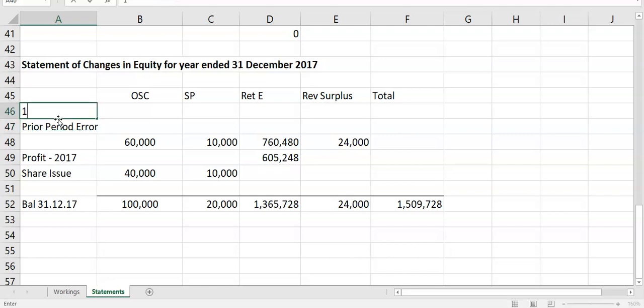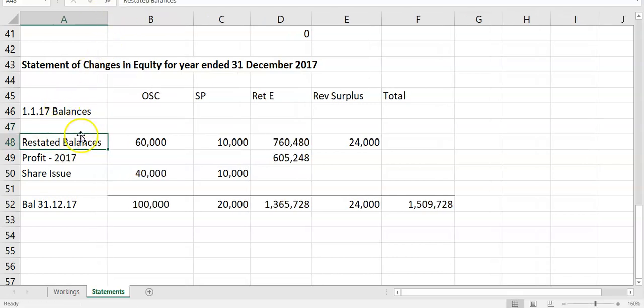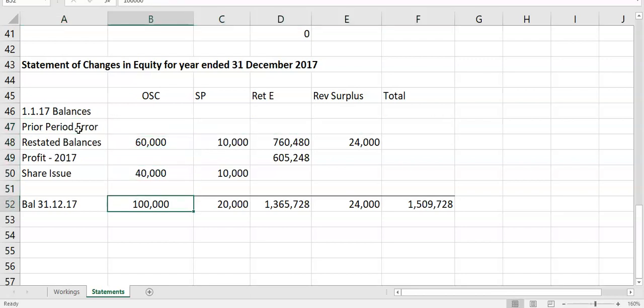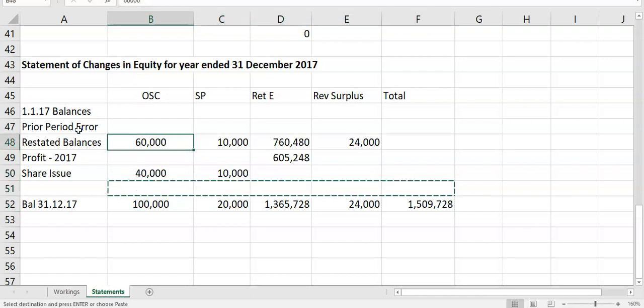So these are the restated balances, and we call this here the prior period error. That's the way you'd always bring it up in terms of IAS 8, or how you would adjust a prior period error.